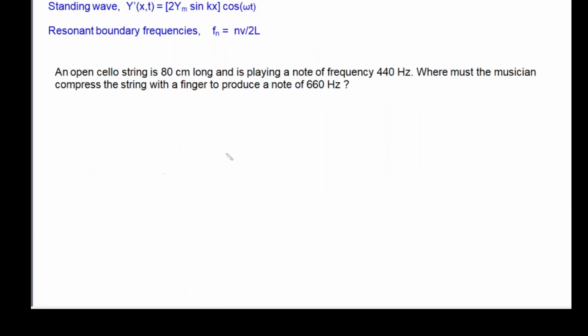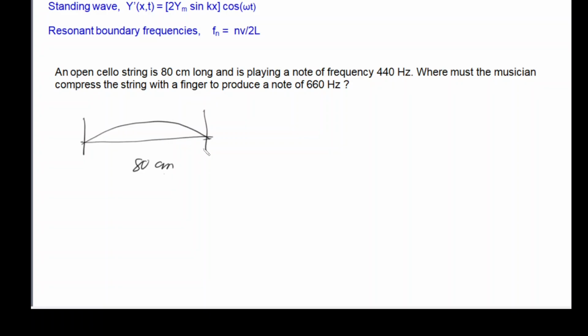Our next question states, an open cello string is 80 centimeters long and is playing a note of frequency 440 hertz. Where must the musician compress the string with a finger to produce a note of 660 hertz? So we have a string that has a note playing at 440 hertz and it's 80 centimeters long.